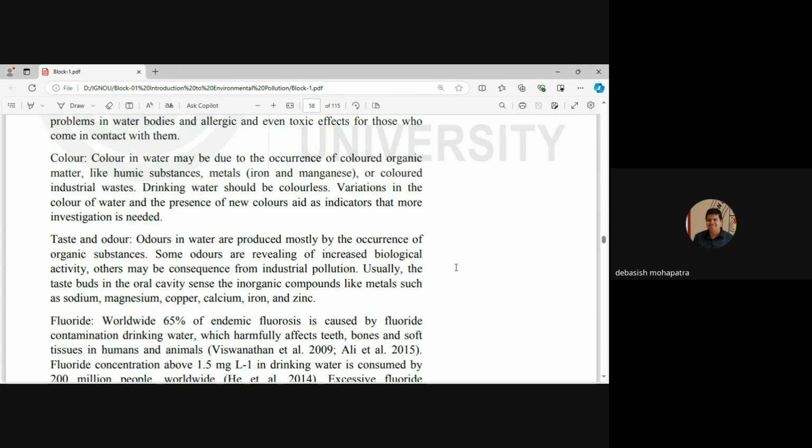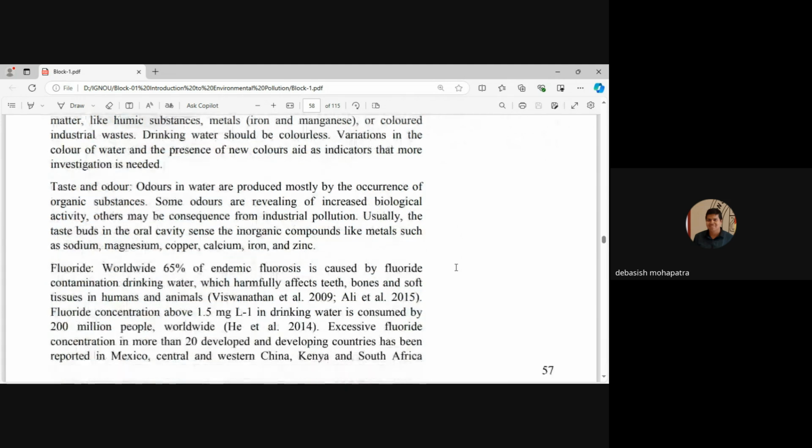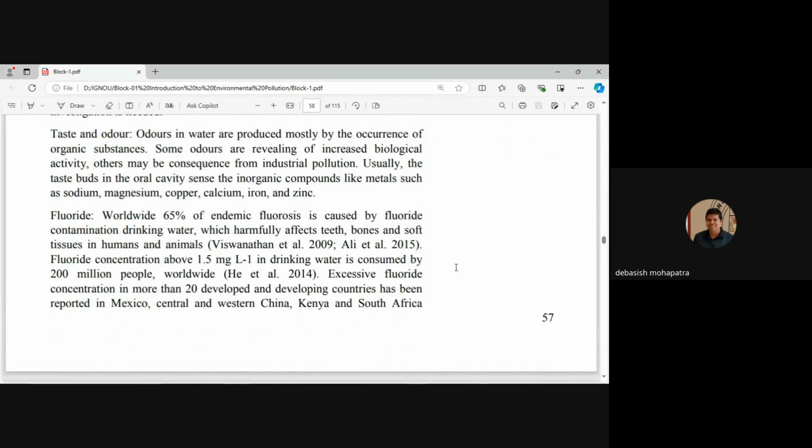Then fluoride. Over 65% of endemic fluorosis is caused by fluoride-contaminated drinking water, which harmfully affects teeth, bone and soft tissues in humans and animals. Fluoride concentration above 1.5 mg per liter in drinking water is consumed by 200 million people worldwide.